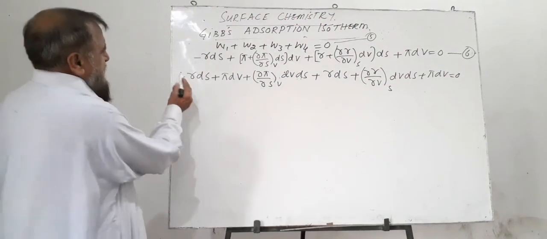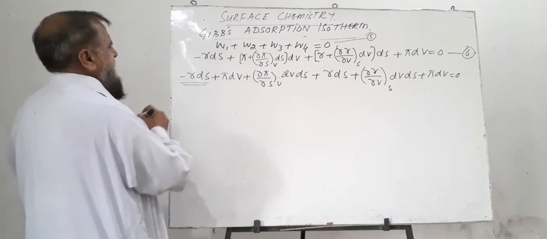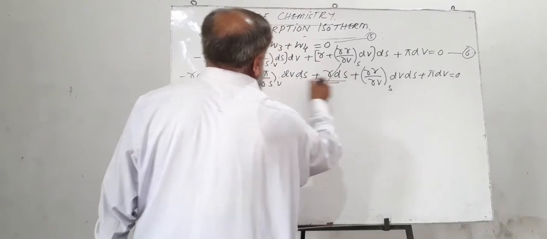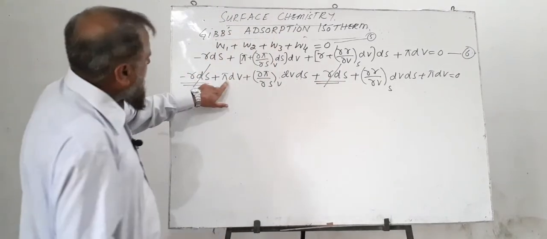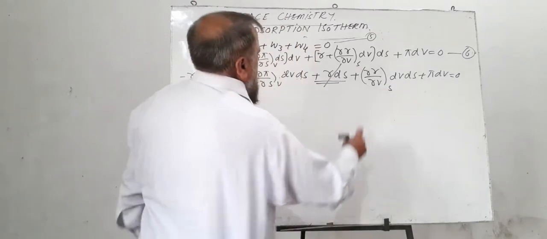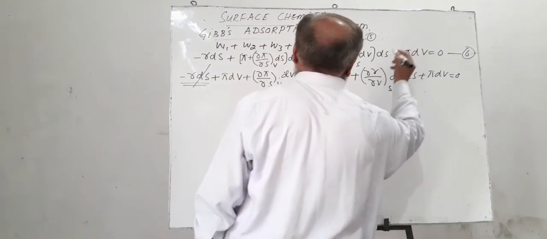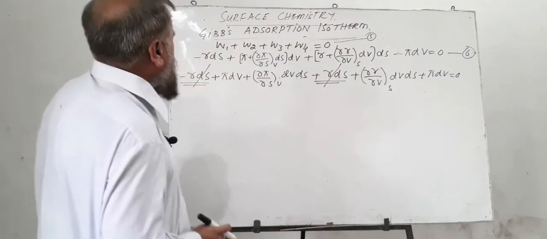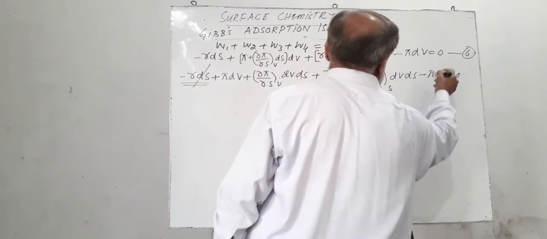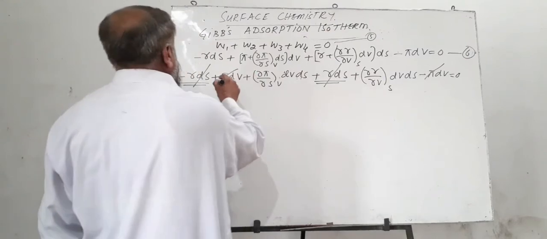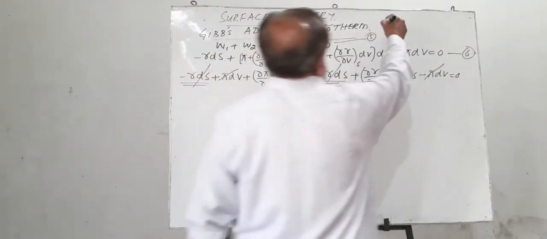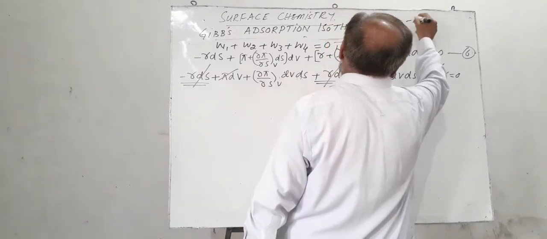Cancelling the common terms, we have here minus γ dS and here plus γ dS. They will cancel out. We have here plus π dV and here minus π dV. Sorry, W4 will be equal to minus π dV.